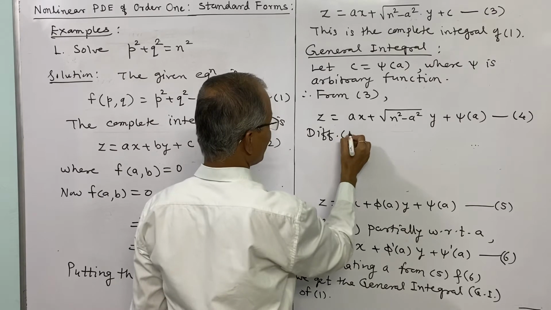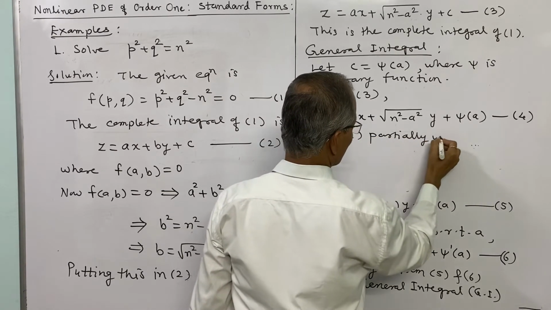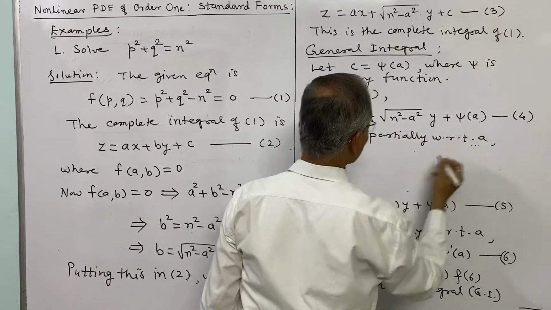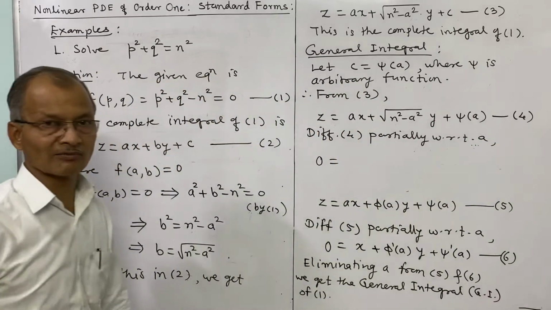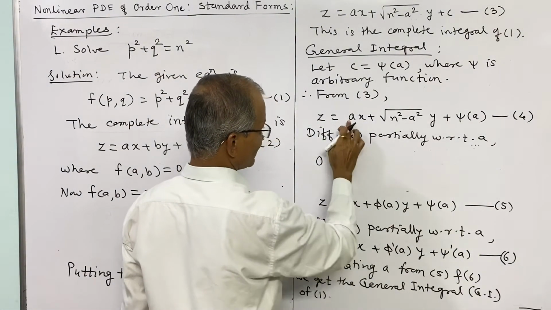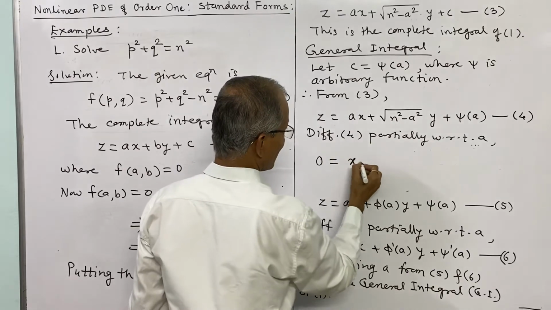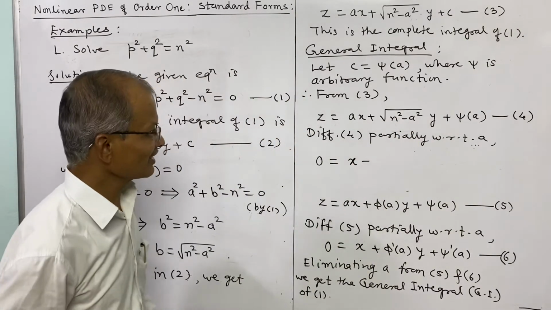Differentiate 4 partially with respect to a. What we will get is 0 is equal to the partial derivative of z with respect to a, which is 0, plus the partial derivative of a into x with respect to a. This is 1 into x. And now what is the partial derivative of under root of n square minus a square?